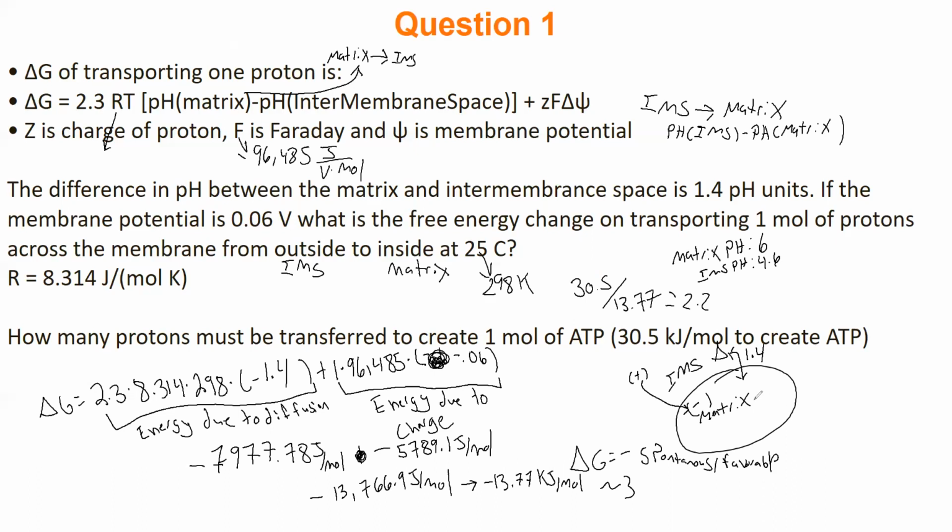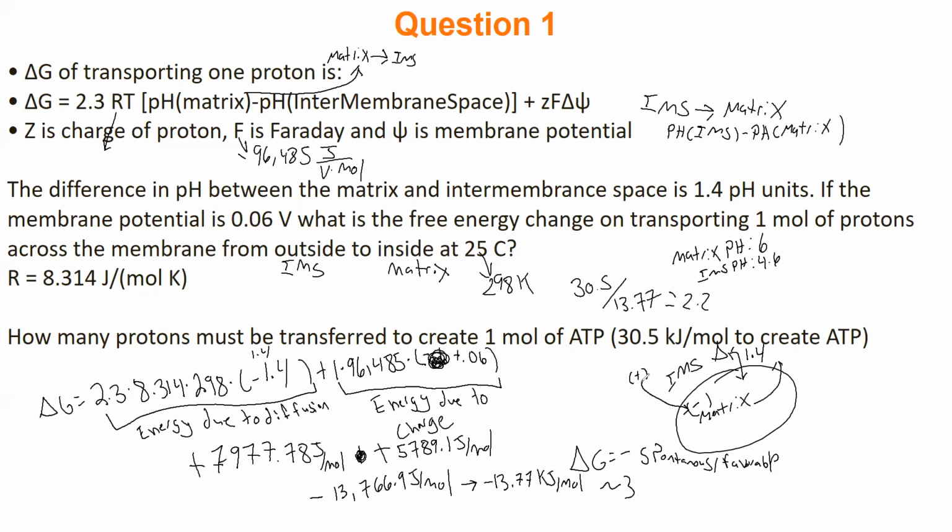If this was moving hydrogen from the matrix to the intermembrane space, the only thing that would change are the signs. This negative 1.4 would be positive 1.4. This negative 0.06 would be positive 0.06, right?